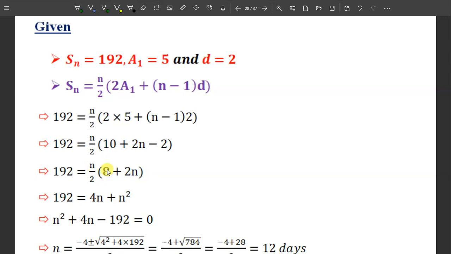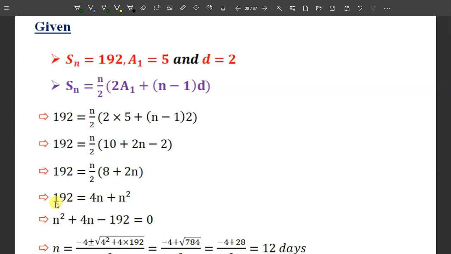It becomes 8n plus 2n squared. Then divide this expression by 2. 8 divided by 2 gives us 4n, plus 2n squared divided by 2 gives us simply n squared.